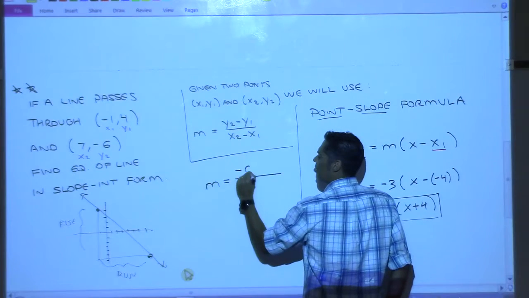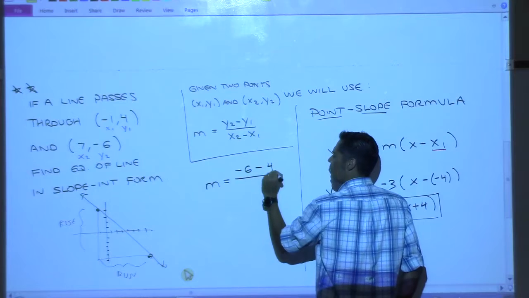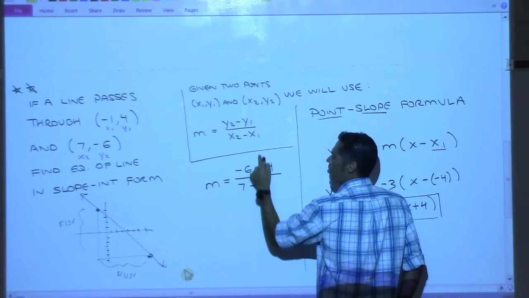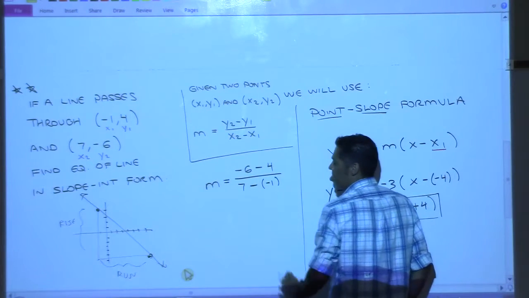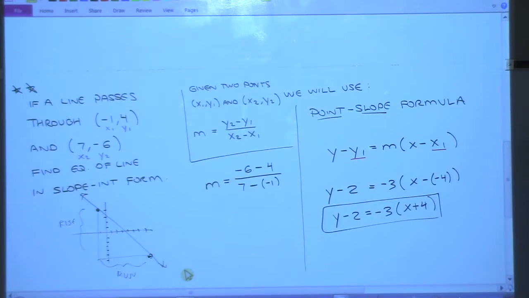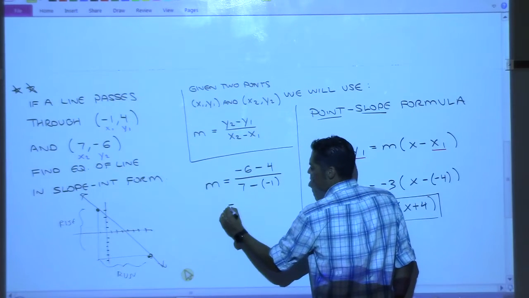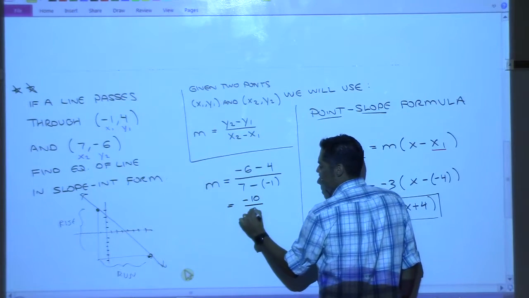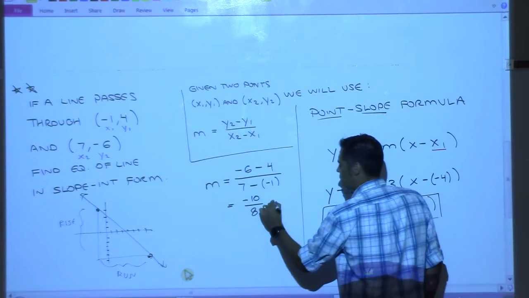It's -6, take away 4 over 7 take away -1, right? So that's going to wind up being a plus on the bottom. So the top is -10, and the bottom is 7 plus 1, that's 8. And that is our slope, but we can reduce it, right? We can reduce that fraction, -5/4.